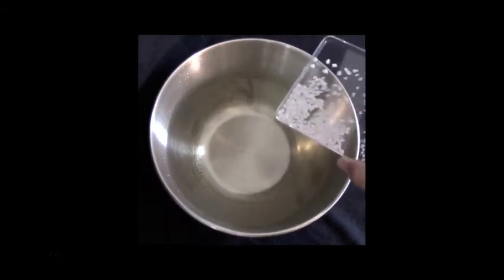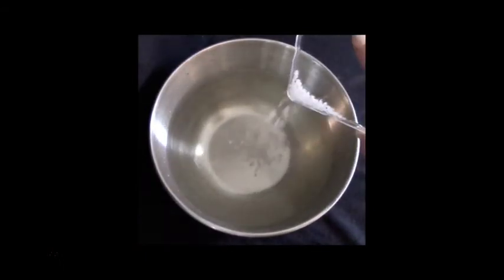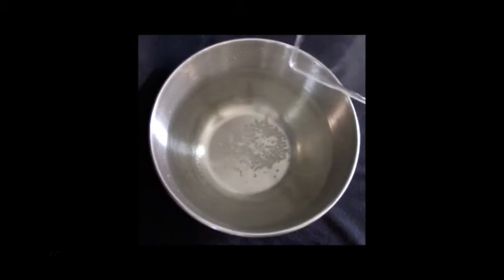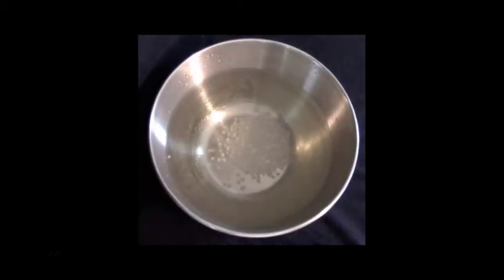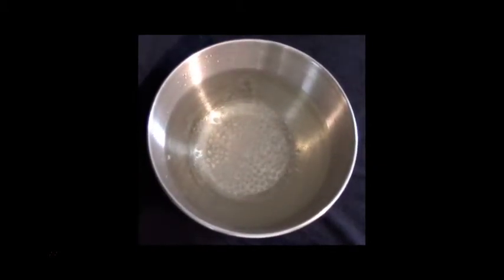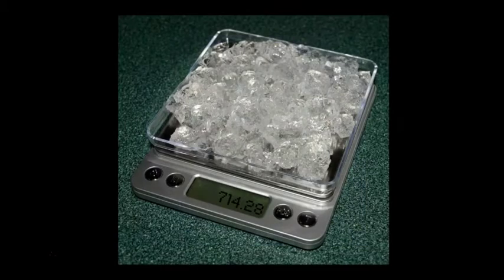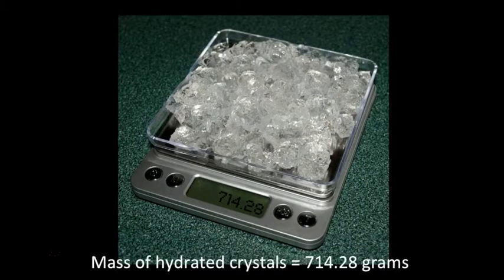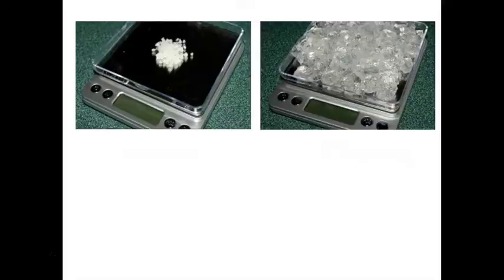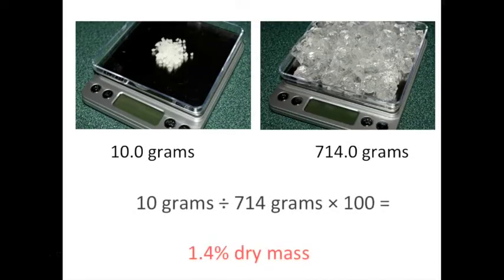Now, let's think about what happens to the mass when we hydrate the crystals to make a mixture. The mass of the crystals is now much more. H2O, or water molecules, have added mass, wet mass, to the mixture. Once we know both the total mass of a mixture and its dry mass, we can calculate the percent dry mass.